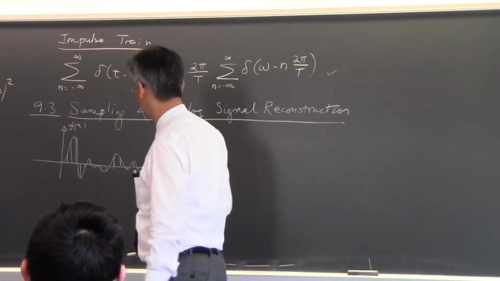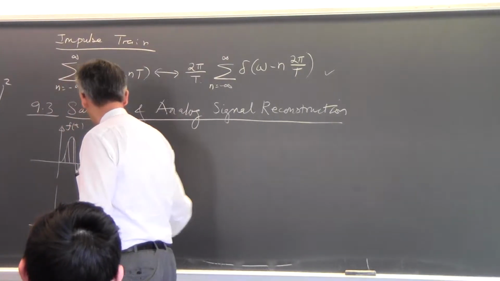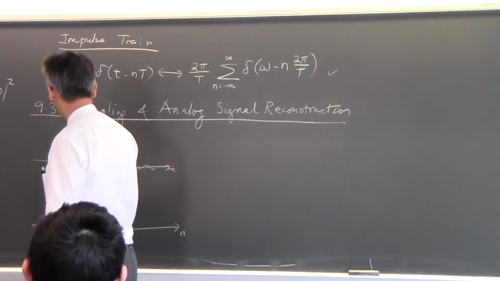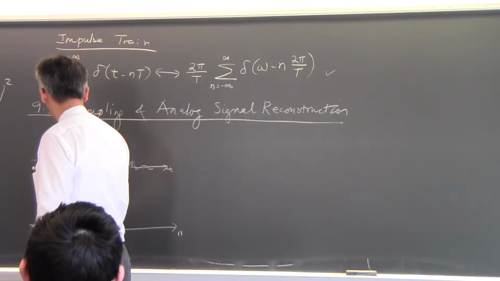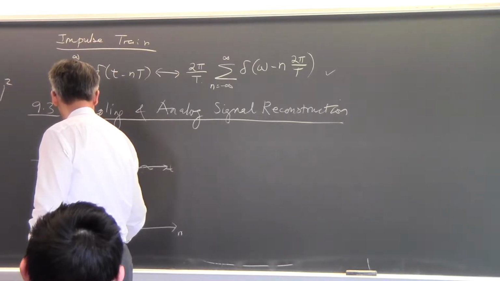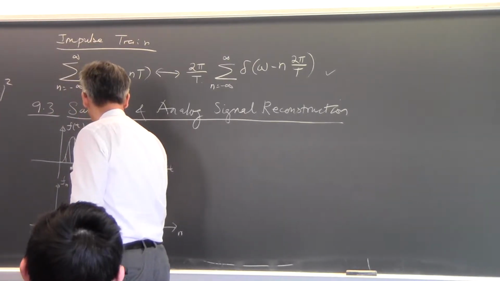I only need to send the digital version of this signal, which schematically might look something like this. That f sub n might look something like this, like this, like this, and so on.